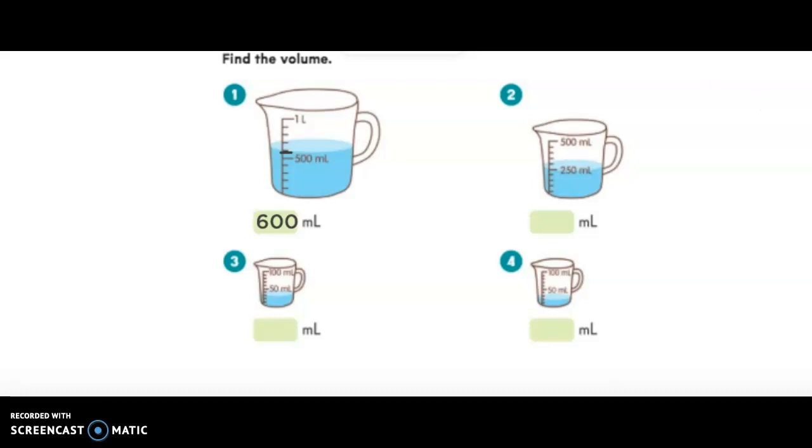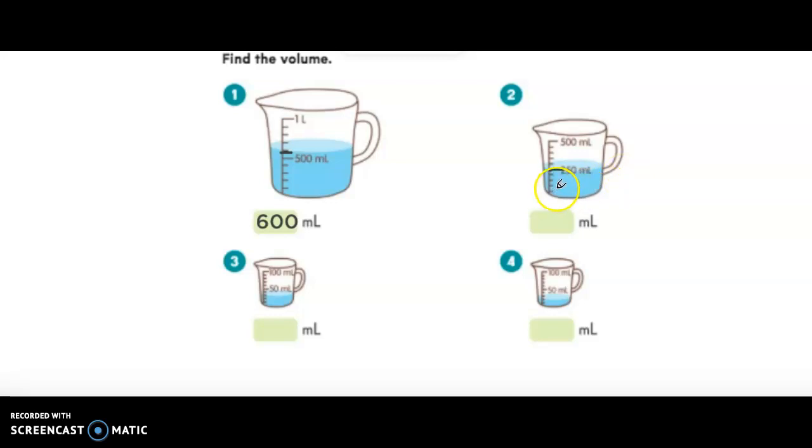All right, so for number two, if we take a look at that line, this one's a pretty simple one because it's landing exactly on a marking for us, but we want to get in the habit of determining what it is skip counting by. So if we take a look at the lines, we have 1, 2, 3, 4, 5, which tells us this is skip counting by 50s.